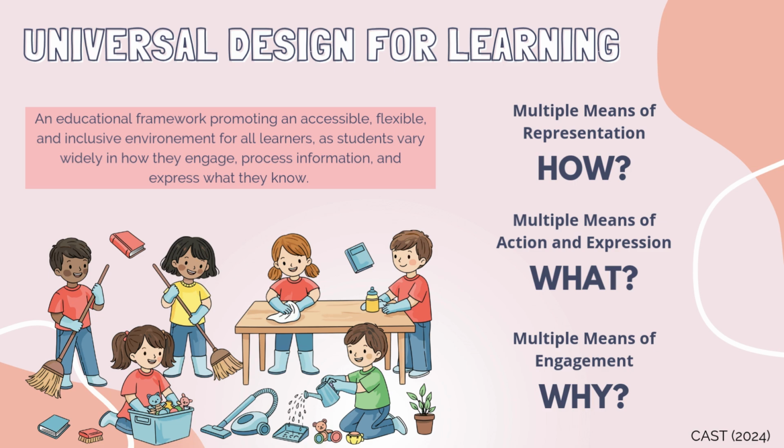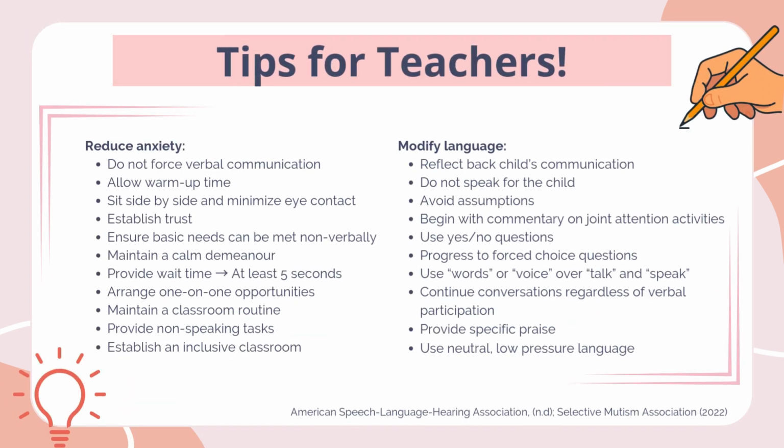So by providing different ways for students to demonstrate their learning, children who are not comfortable speaking, for example, can still have the opportunity to display their learning in other ways. Allowing multiple means of engagement, or the why of learning, allows children to participate in different ways and in a way that is comfortable for each student. So this is a helpful mindset for facilitating an inclusive classroom for all children, including those with situational mutism.